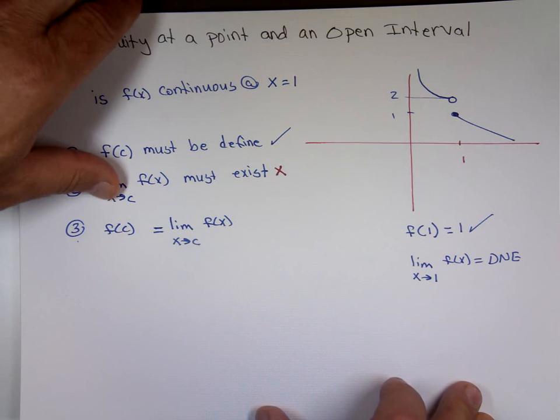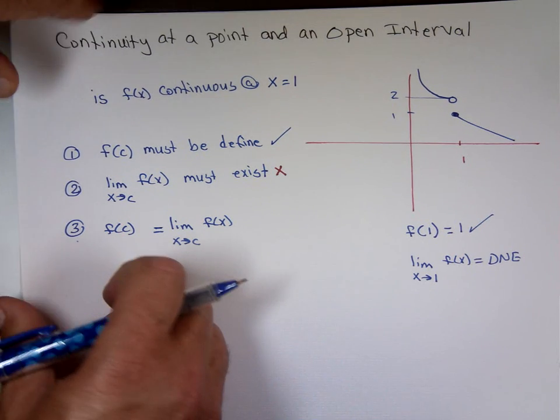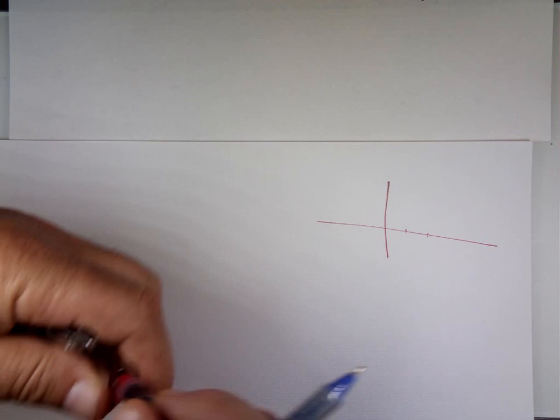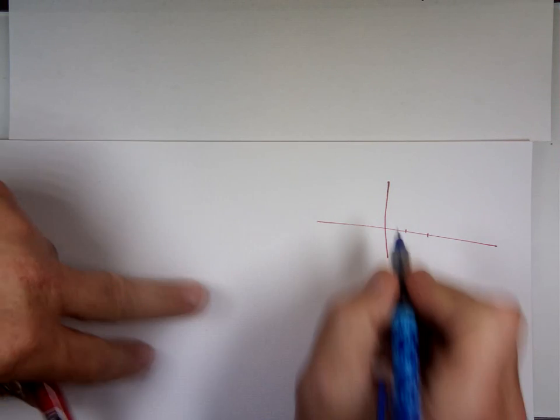Let me try another picture. And again, when you have the picture, you can look at it, go yes, no, boom, quickly. This is the 2 here.